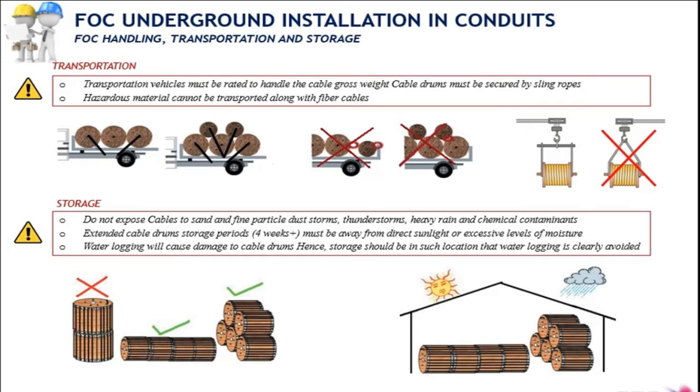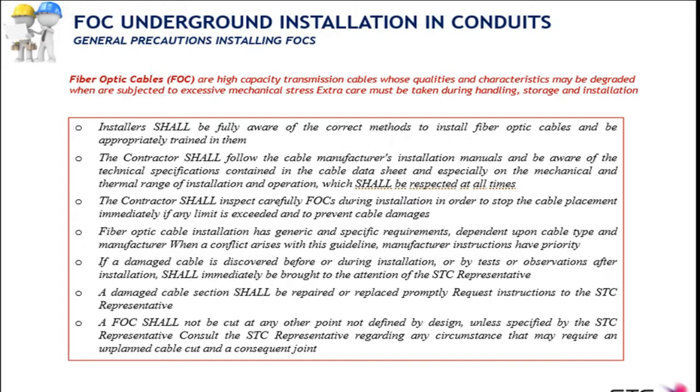So we are not accepting warehouses where you expose the cable drums and other ODM material to the weather conditions. They must be sheltered somehow. We are not saying that these have to be in specific sealed rooms or whatever. No, we are saying that they must be protected against sun and rain. One more time, insisting on the fact that storing can only be done by placing the cable drums in upright position.